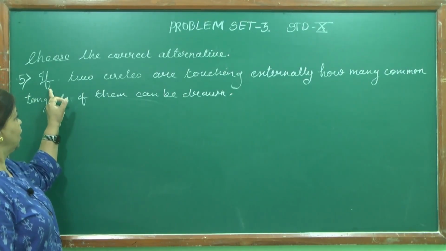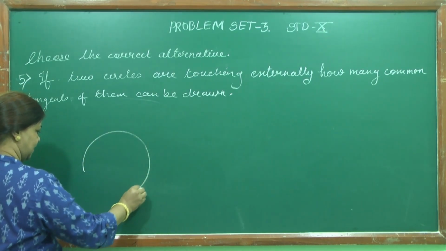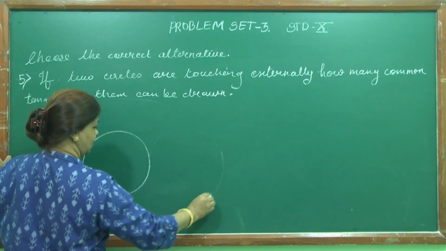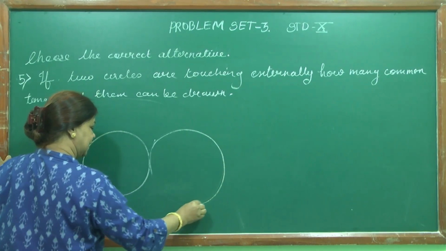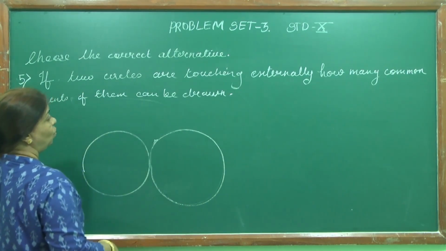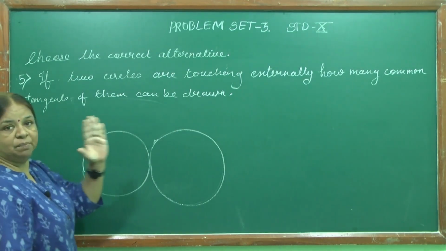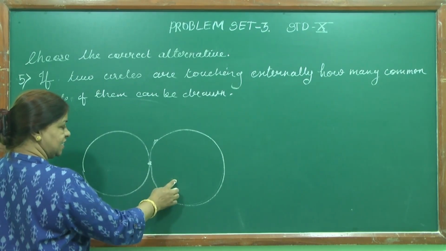Question 5. If two circles are touching externally. Yes, this is one circle and this is another circle, children. These two circles are touching externally. So how many common tangents of them can be drawn? Let us see. This is the point where both the circles are touching each other.